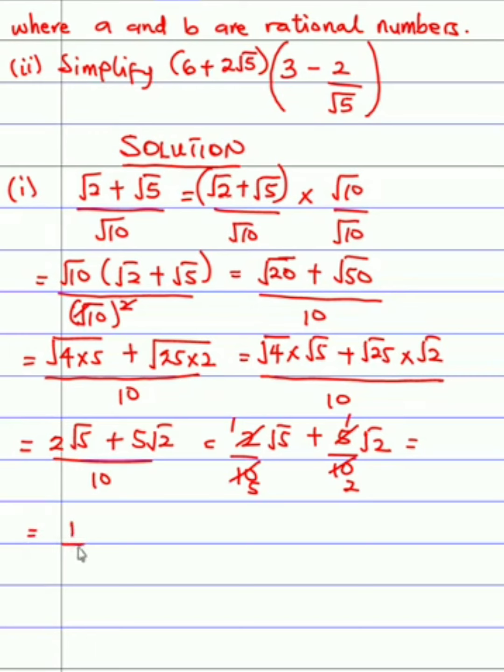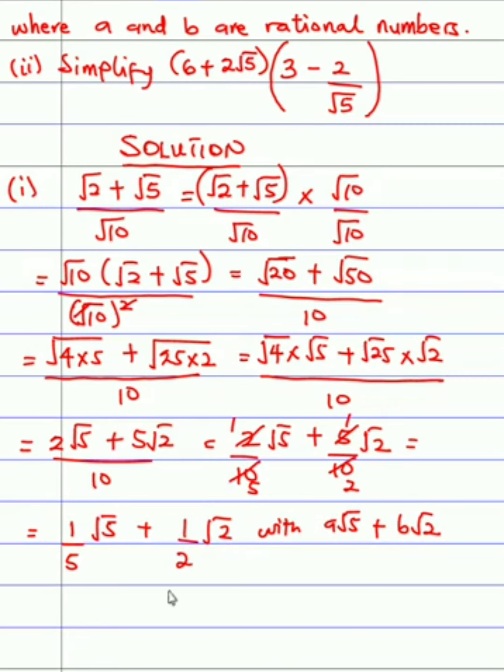We get 1 over 5 root 5 plus 1 over 10, 1 over 2 root 2. So if you are comparing this with a root 5 plus b root 2, you realize that a is 1 over 5 and b is 1 over 2.